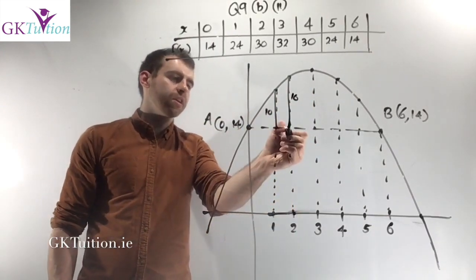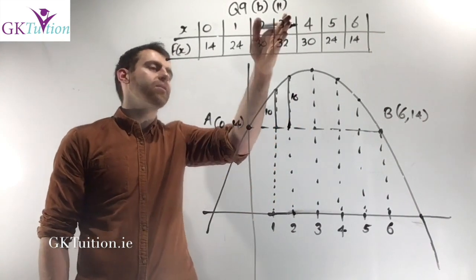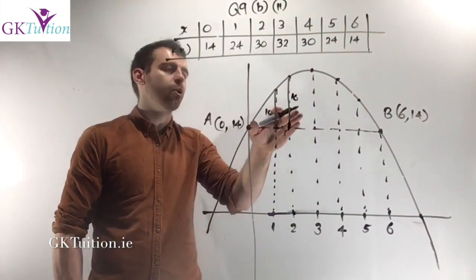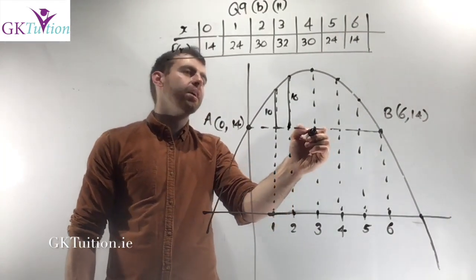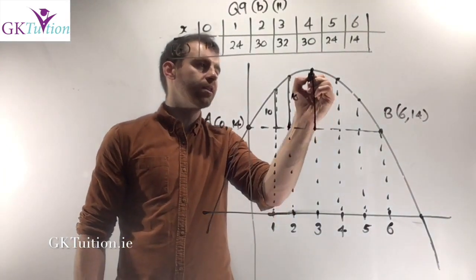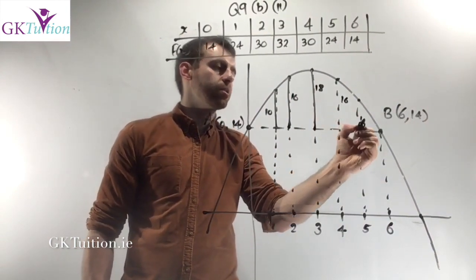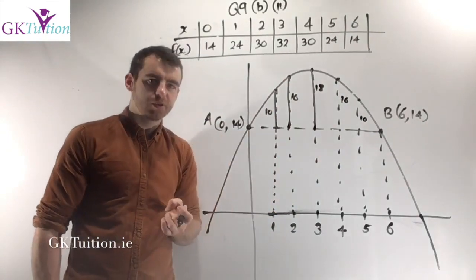The same thing at 3, which reaches 32, so it's the highest point. If the distance from here to here is 14, that means the distance from this point to the top is 18. Then once again, the numbers are the same as we go down. So these are the values that I actually need to use in my trapezoidal rule.